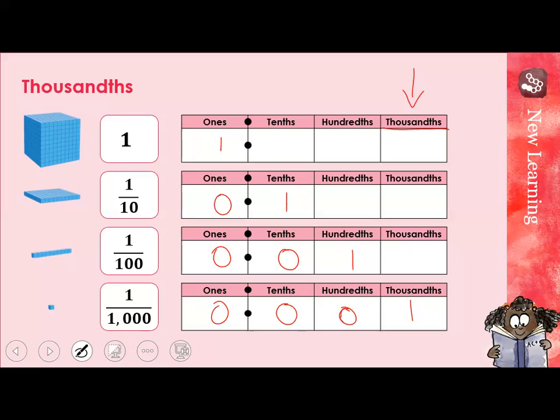First it was a whole one, then it was a tenth, then it was a hundredth, and now in this last one, it is a thousandth. It may also be worth your while, if you are with someone at home, to try and use the vocabulary as much as you can.